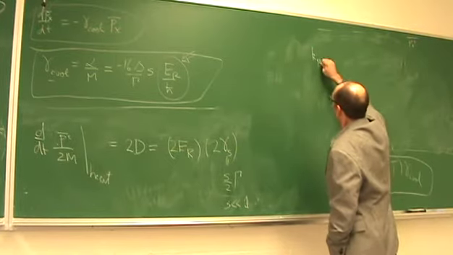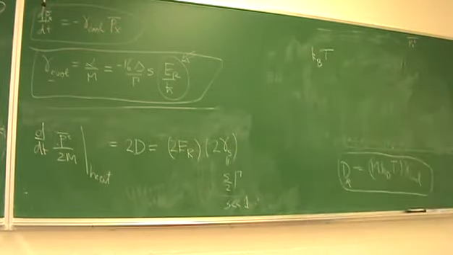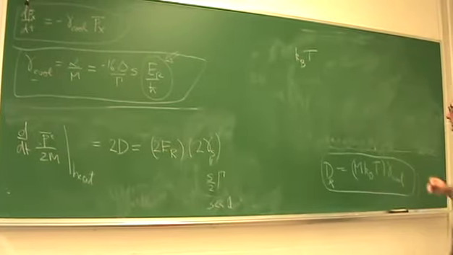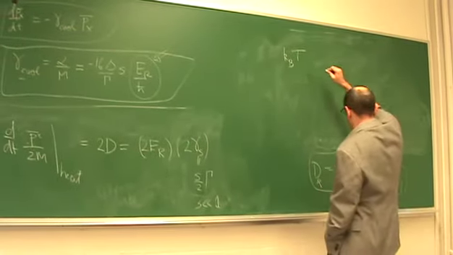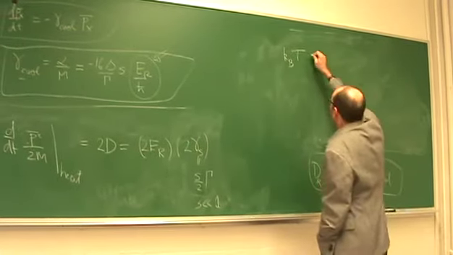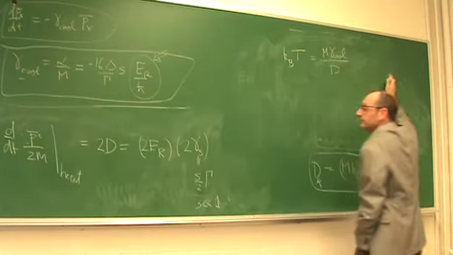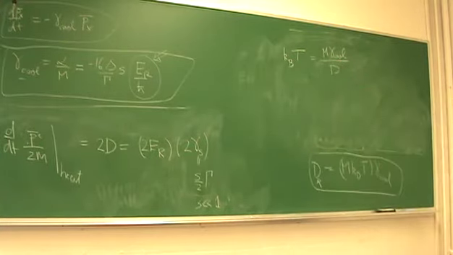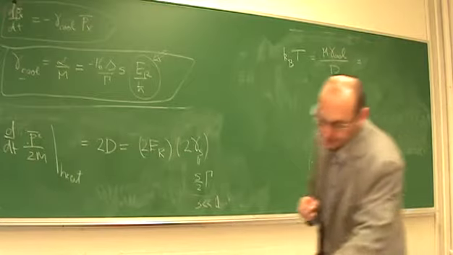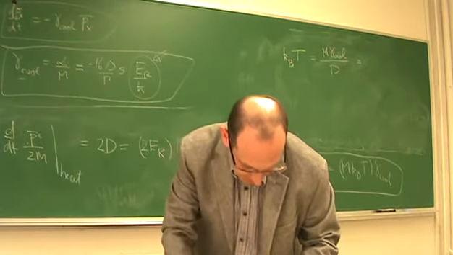What we have here is that the equilibrium temperature, due to the balance between damping and diffusion in this problem, is equal to m gamma cool divided by the diffusion coefficient. Did I lose a factor somewhere?